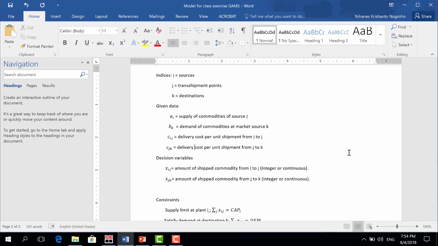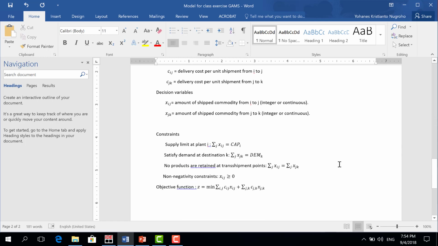But it can also be continuous, for instance if you would like to deliver gas or liquid like water, alcohol or diesel oil, or any other oils that can be delivered in bulk.